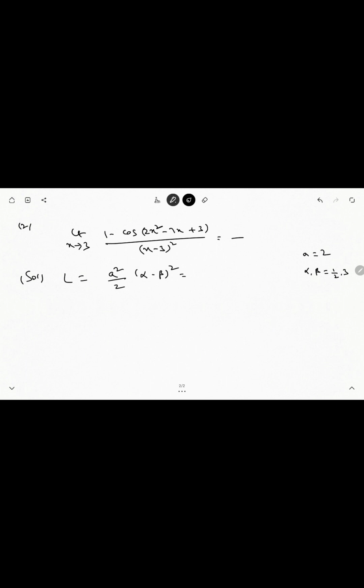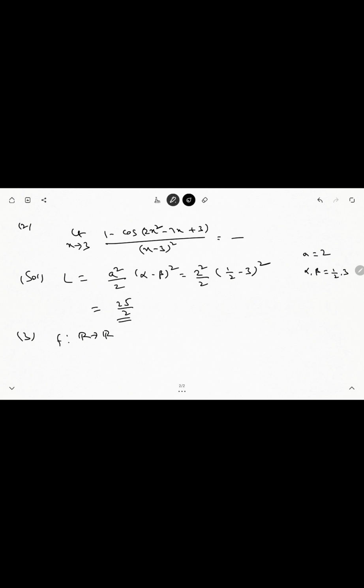Correct or not? So finally we are getting 2 square by 2 into (1 by 2 minus 3) whole square. Simplify, you will get the answer. 25 by 2 is the answer. Next, question number 3. Hope that you got it.